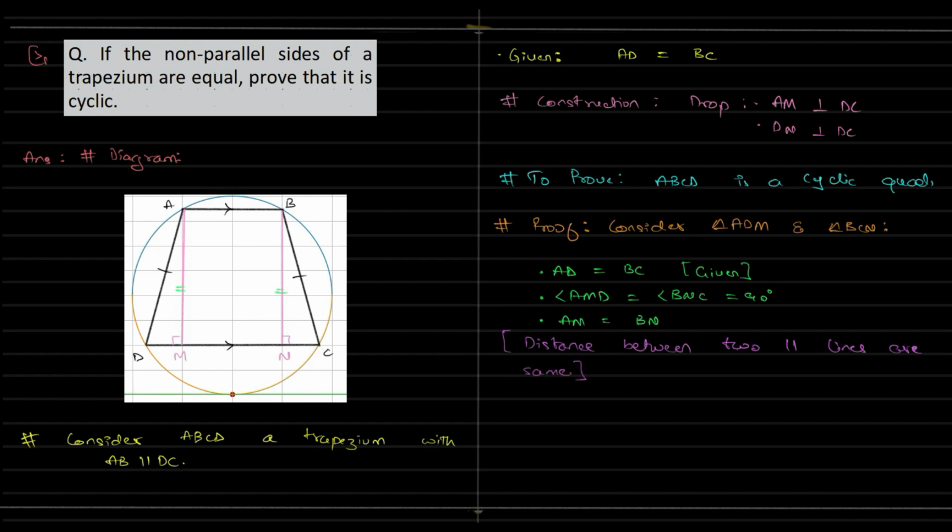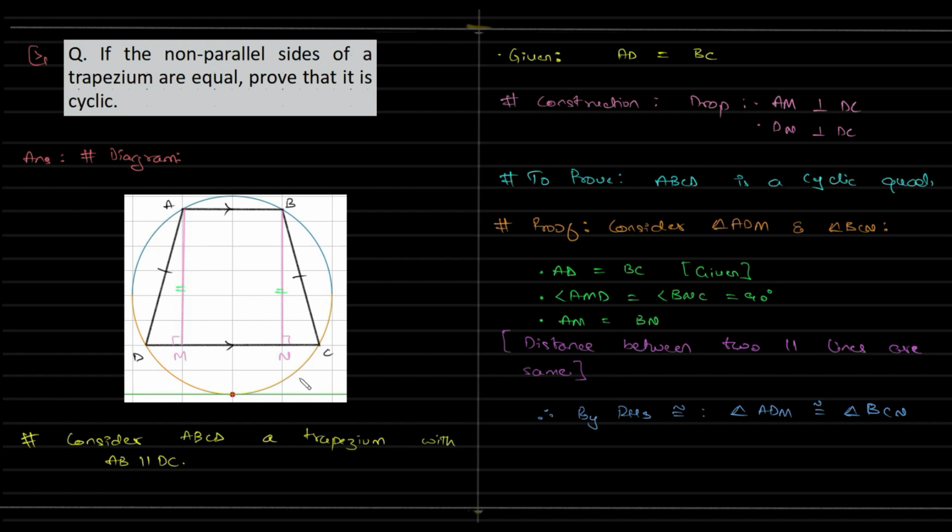Okay, so with all of this, what can you conclude? Therefore, by RHS congruency, triangle ADM is congruent to triangle BCN. So why did we do this? What are we trying to get out of it? Can you guys think about it?